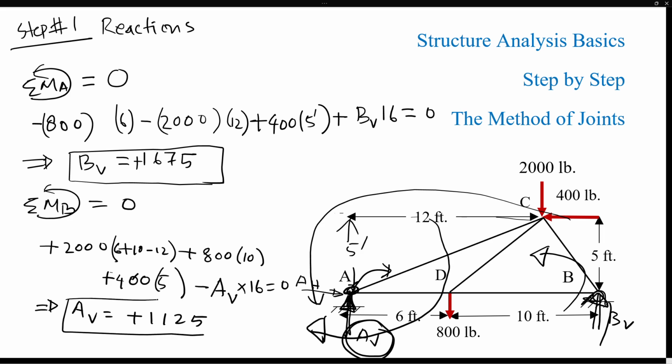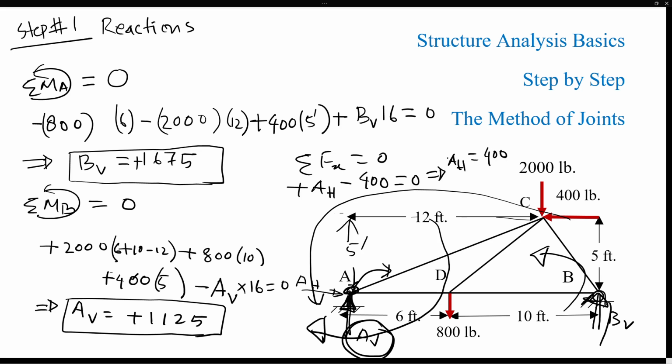And the horizontal reaction we can simply find at A. We can do summation of Fx. That will give us the horizontal reaction. So plus AH minus 400, that's the total load in the horizontal direction. So AH will be 400. So this is step number one in analyzing a structure to find the reaction forces.